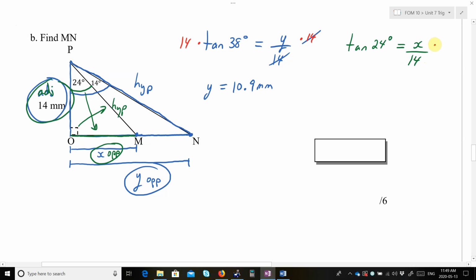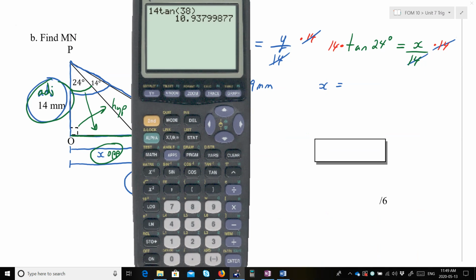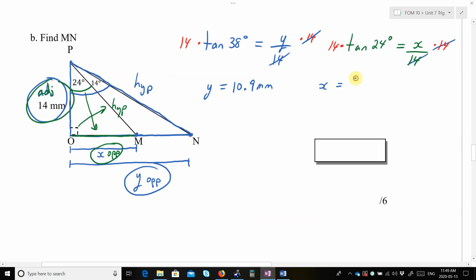Awesome. And then go times 14 on both sides. X is equal to 14 tan 24, 6.2 millimeters.